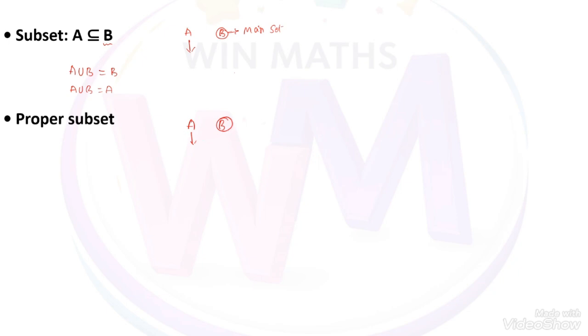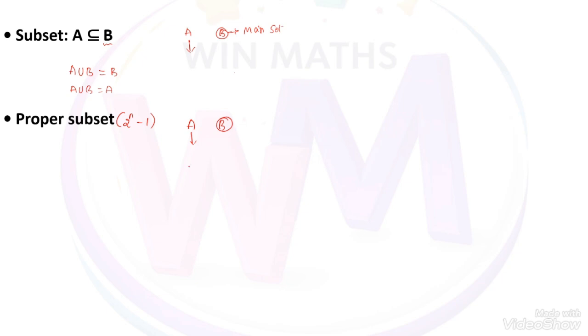We can call it a proper subset. Usually the number of proper subsets can be represented as 2 to the power n minus 1, which is lesser than the set itself.